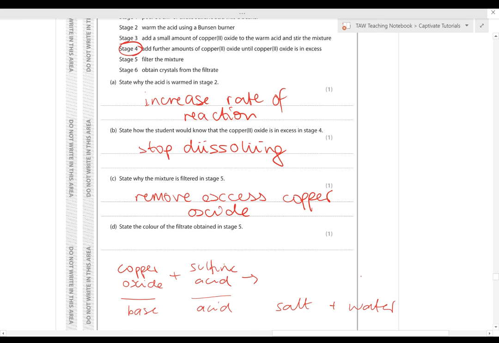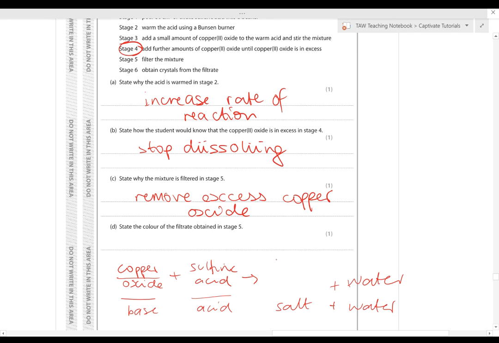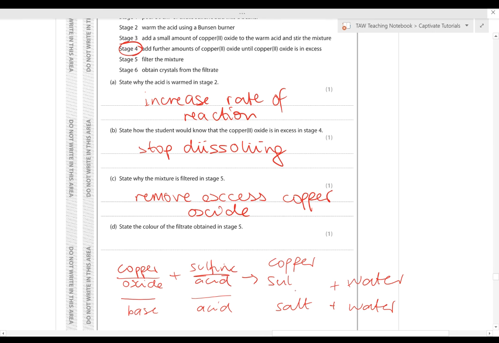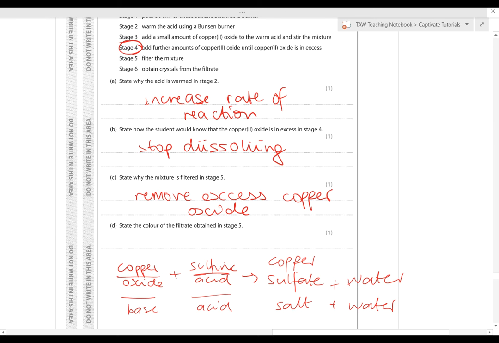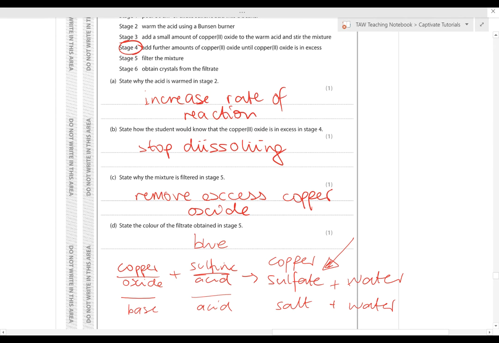Water forms alongside the salt, and the salt that forms comes from the metal, so copper, and also the type of acid we use. So we're using sulfuric acid, so that will produce copper sulfate. So we've got two products here, copper sulfate and water. And this is where we need to know that copper sulfate is blue. So that would be the color of the filtrate.